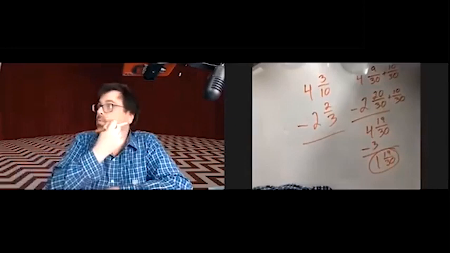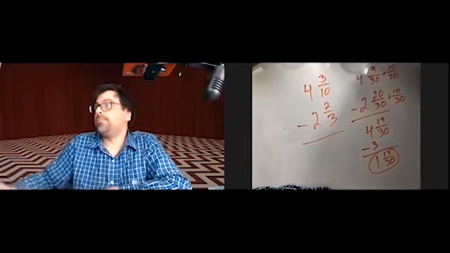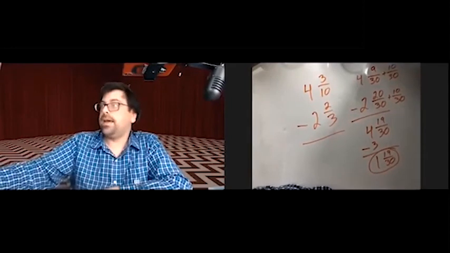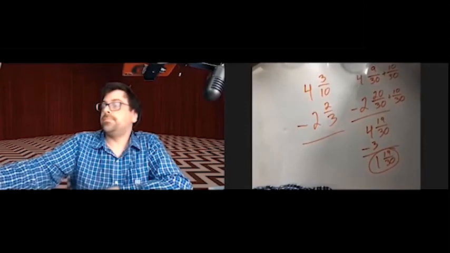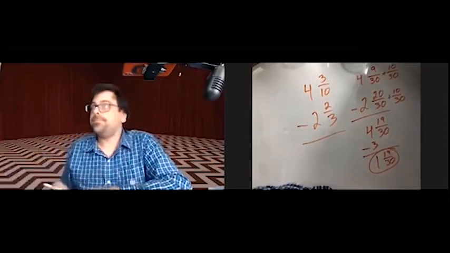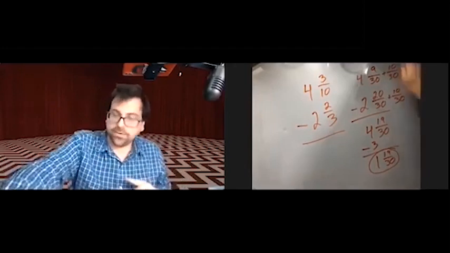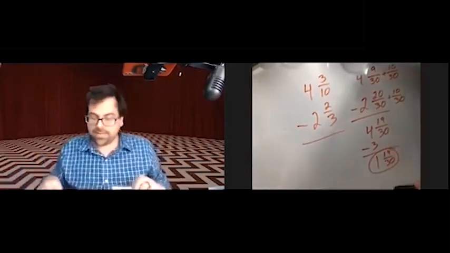Since this was a mixed number problem, we need a mixed number answer: 1 19/30. And we know the other ways to do this. I'm going to leave those to you to try if you want, but you're going to get the same answer.